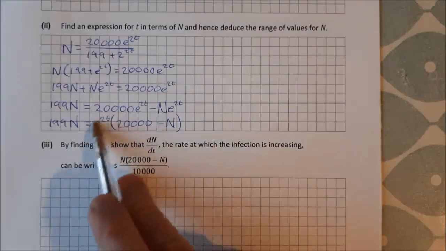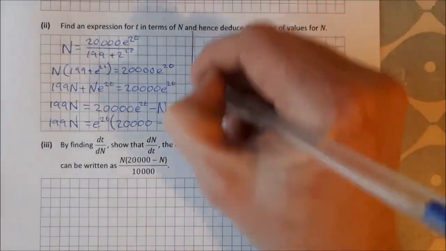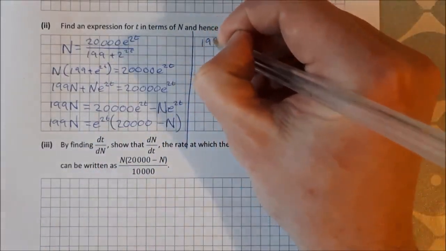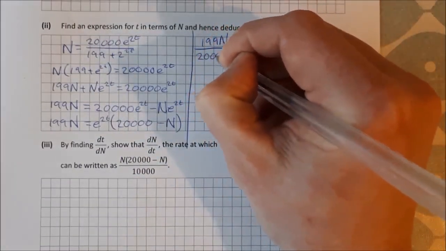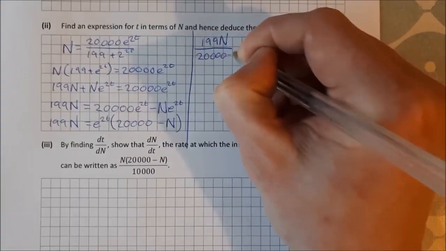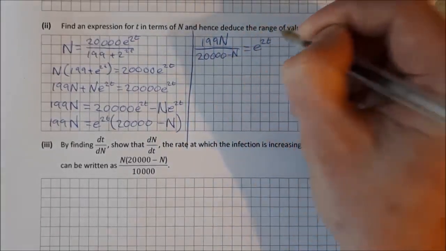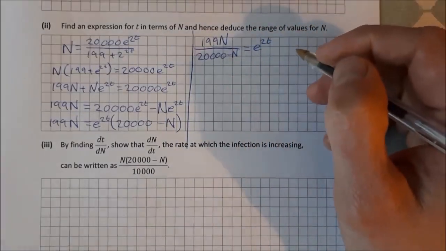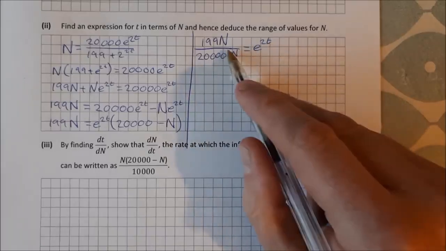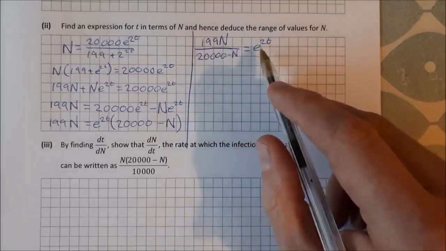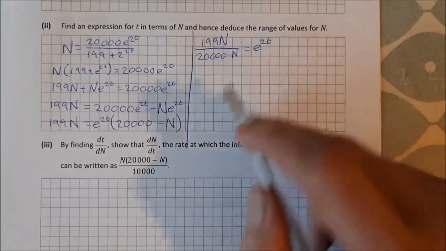Now I can isolate t by dividing by this here, so 199n divided by 20,000 minus n is equal to e to the power of 2t. So e to the power of 2t is equal to this. So if I take the natural log of this, it'll be equal to 2t.